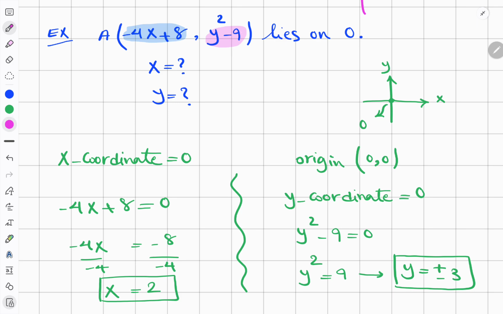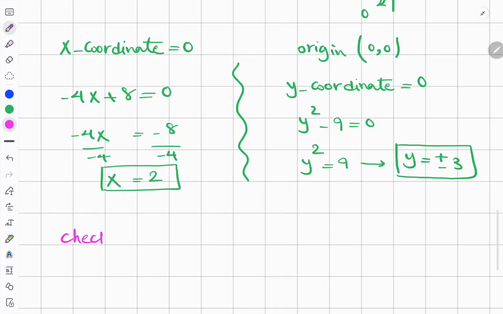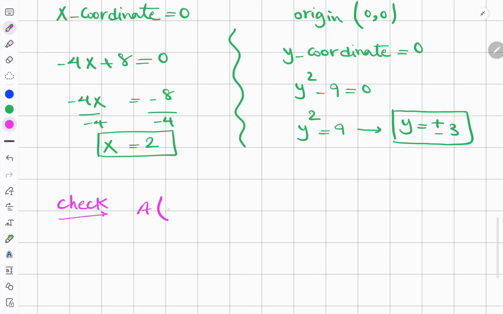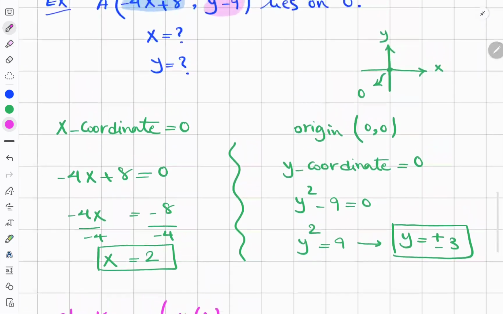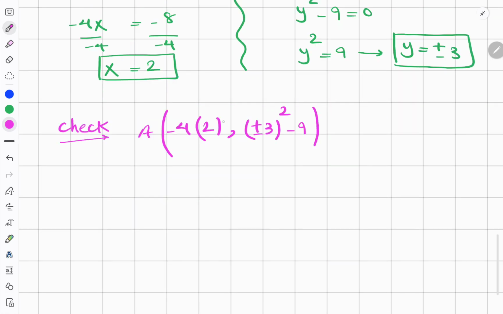Let's check our answer. x is 2, so negative 4x, and y squared minus 9, positive or negative 3 squared minus 9. Okay, negative 4 plus 8, sorry.